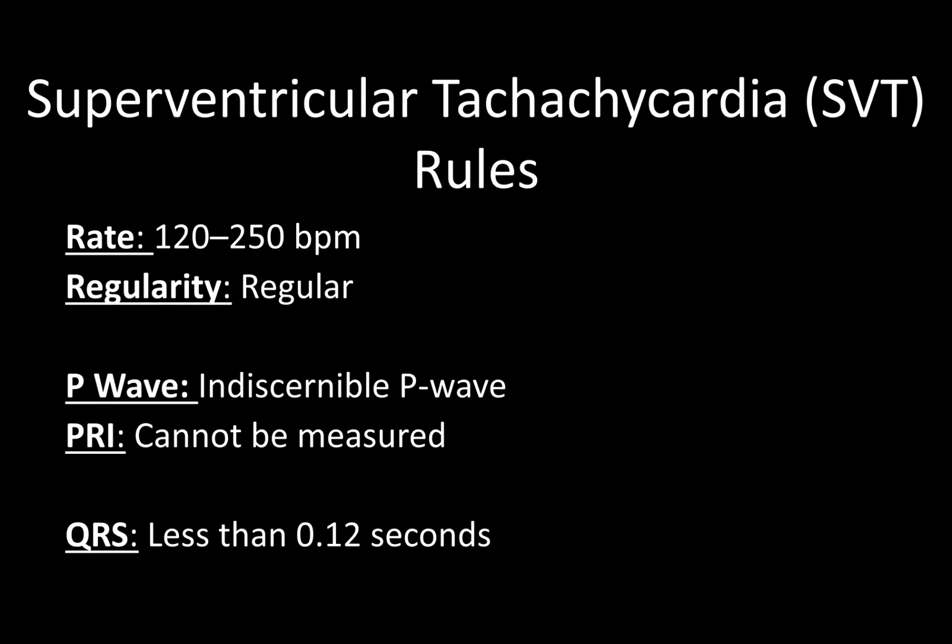So, supraventricular tachycardia rules, SVT. It's going to be fast, one of the faster rates you may encounter. But it will be quite regular. That's one of its hallmarks, that it's going so fast that it has no choice but to be regular. You're not going to be able to see any P waves because they're likely hidden in the preceding T wave in most cases.